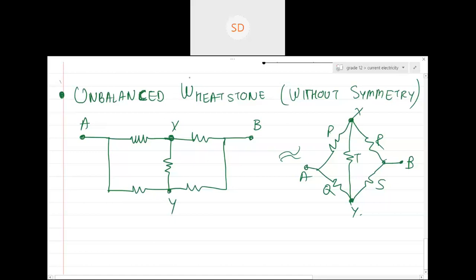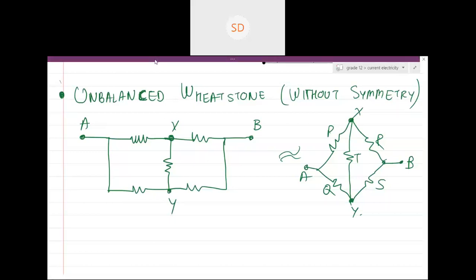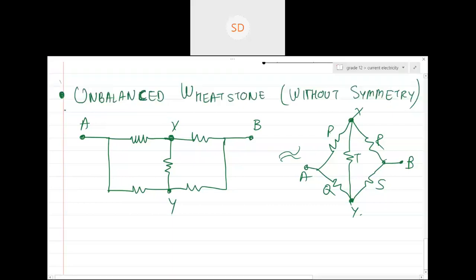But please remember, now I am giving you unbalanced Wheatstone. So for example, directly do with the help of a question how to solve it. Suppose there is a question and 5 ohm, 3 ohm, 2 ohm, 1 ohm. Okay guys, so can you see, this is an unbalanced Wheatstone.